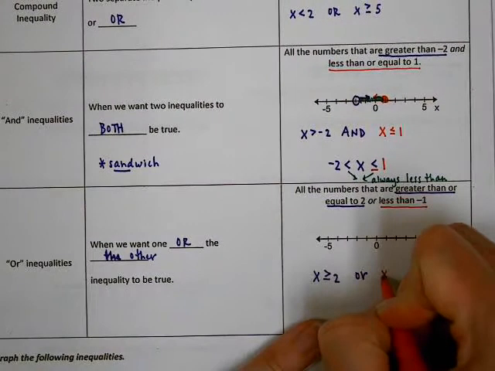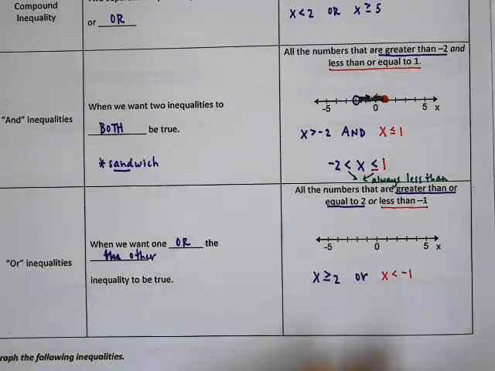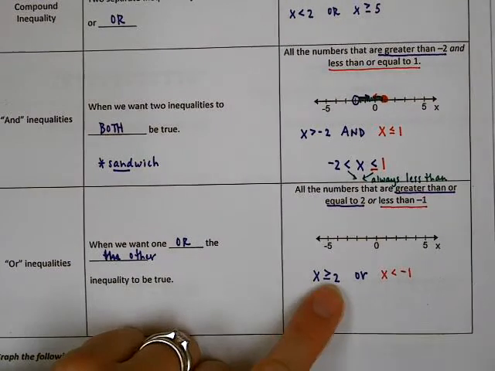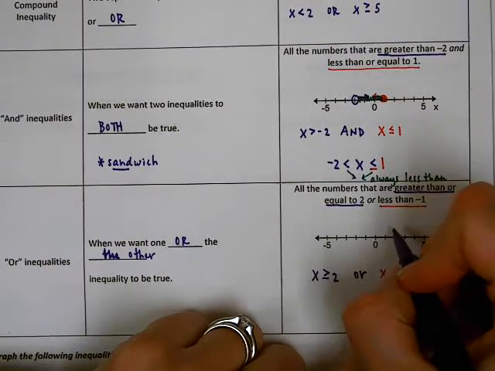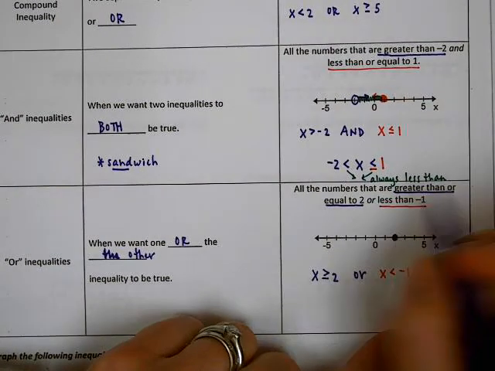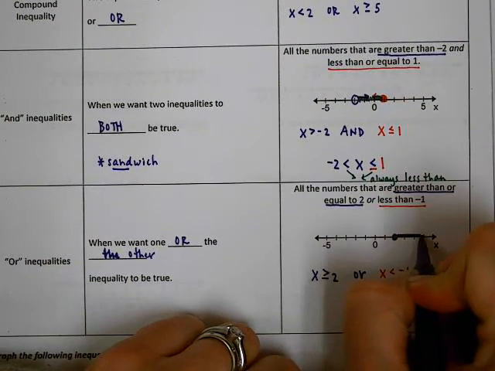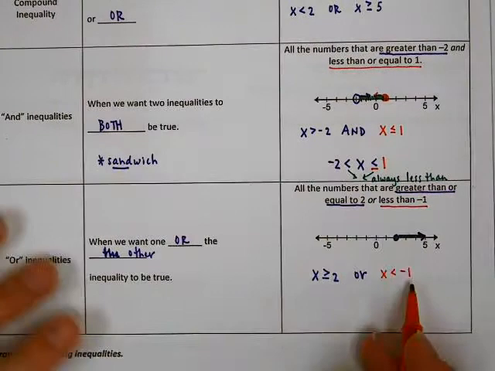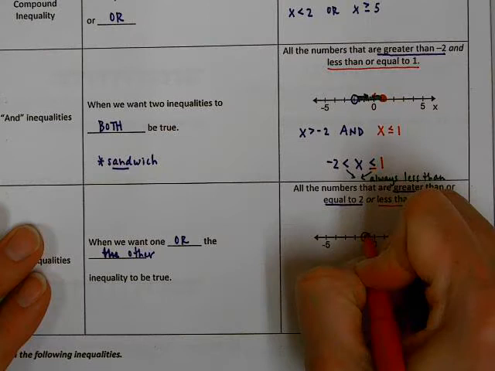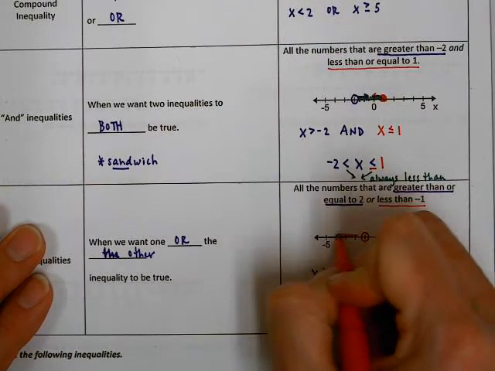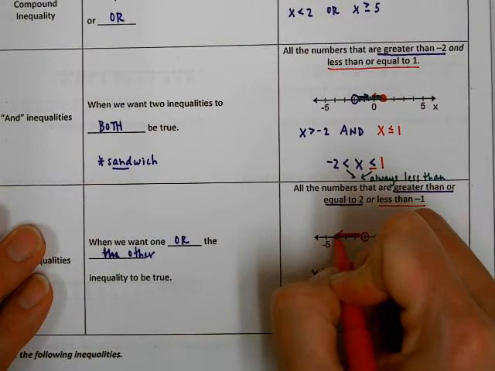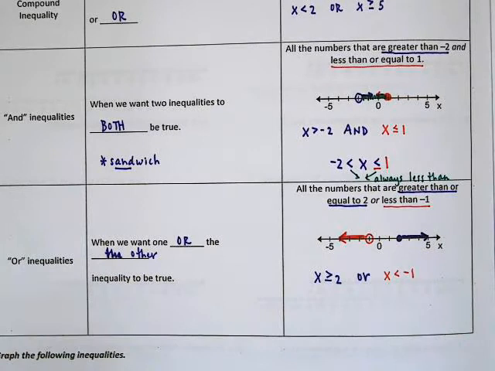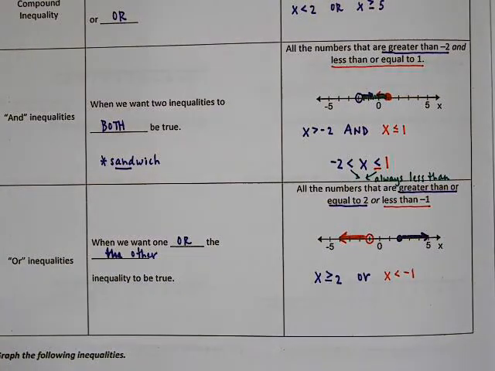So or x is less than -1. So if I were to graph those, I have greater than or equal to 2. So at 2, I'm going to have a closed circle, and I'm going to shade to the right. Or for x less than -1, at -1, I'm going to have an open circle and shade to the left. So those are actually going to be pointing away from each other. These two pieces would be the pieces of my graph.